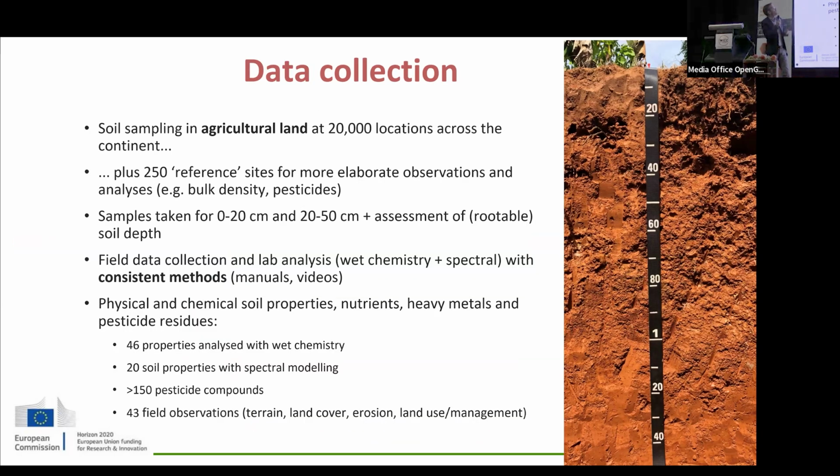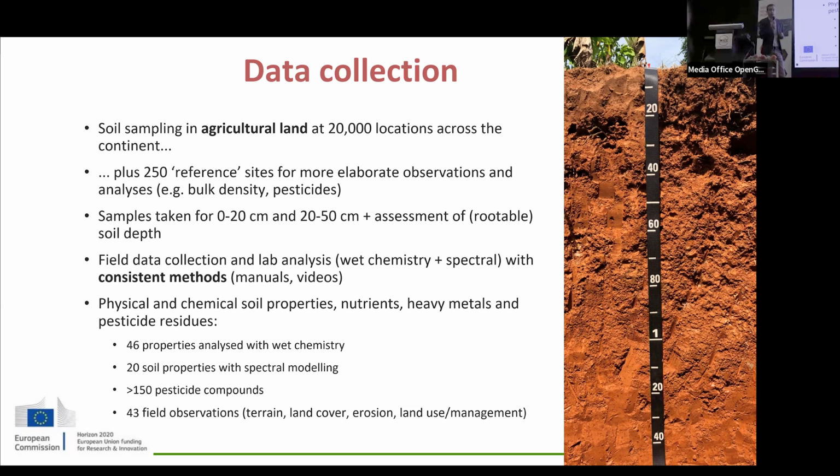The project aims to collect soil samples from 20,000 locations across Africa's agricultural land, and agricultural land is defined in a broad sense. So not only cropland, but also grazing land, agroforestry, etc. In addition, we have what we call 250 reference sites, for which we dig mini pits and do a few more elaborate assessments of the soil, looking at soil diagnostics, sampling for pesticide residues and bulk density, for instance.